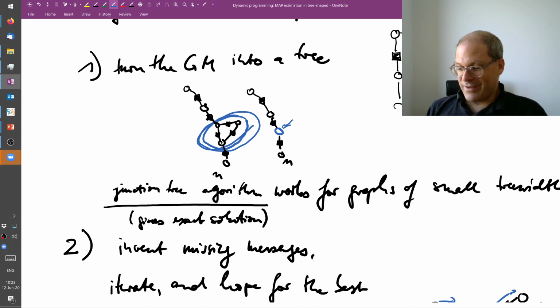Now, the limitation of this is that it is a fat node, so it will have many states.